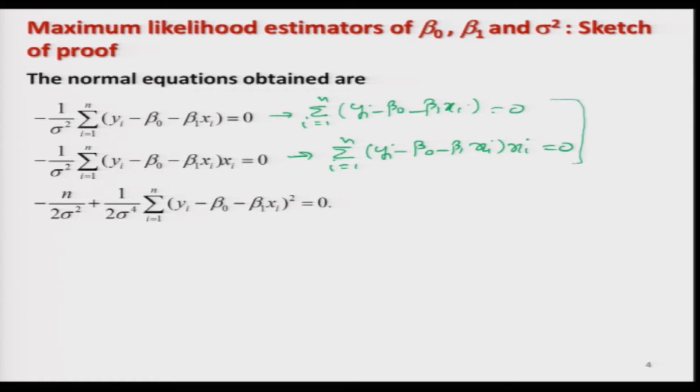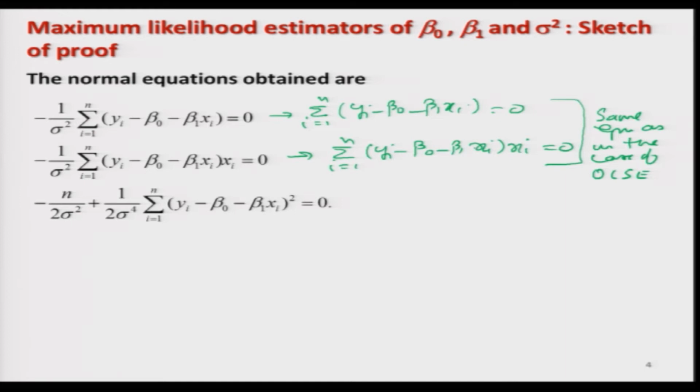Can you recall, have you ever solved these equations earlier? They are the same equations as in least square estimation. When you obtain the ordinary least square estimate, you solve the same equations, so I do not need to solve them again.